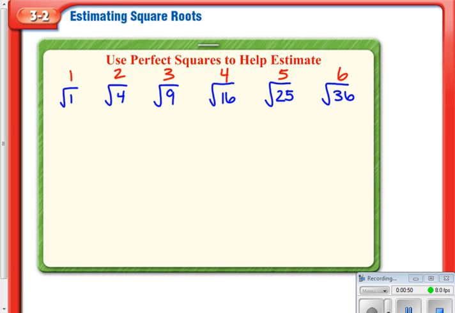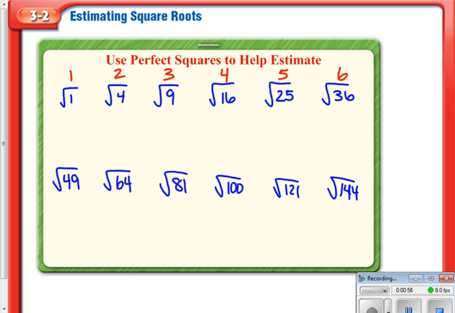Those are all perfect squares there. We're going to list off the next 6. Having these down on our paper will help us with the estimation here, and these would all be perfect squares as well. So we'll be referring back to these perfect squares to help estimate.